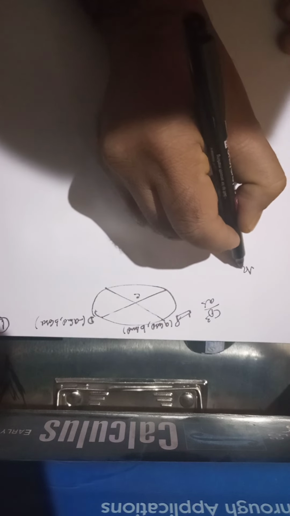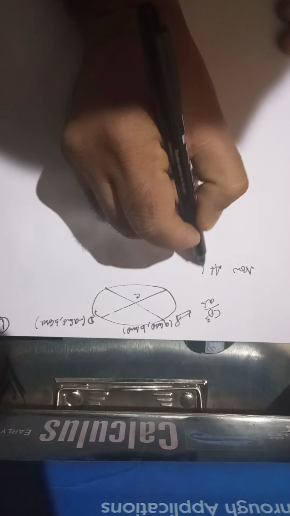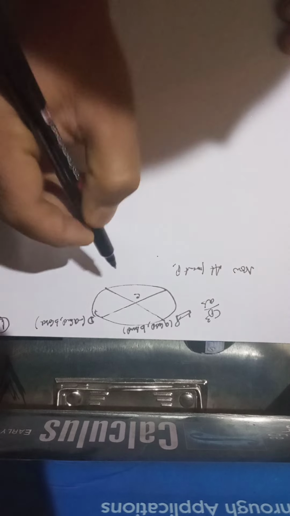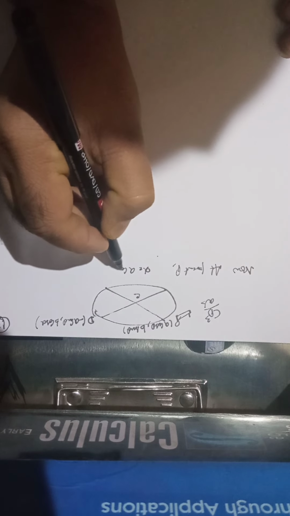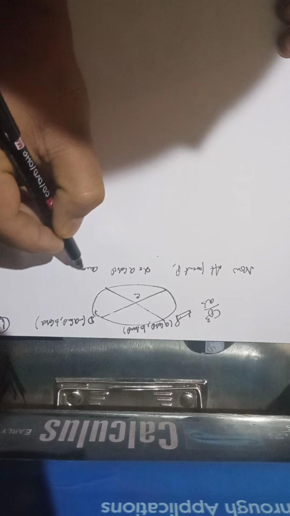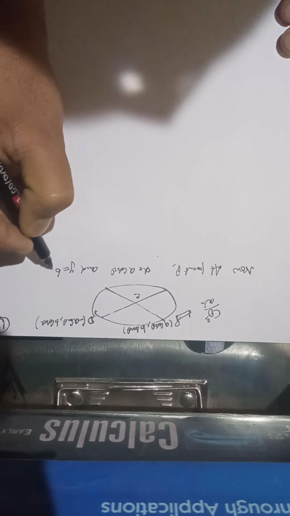Now at point P, your x is A cos theta and y is B sin theta.